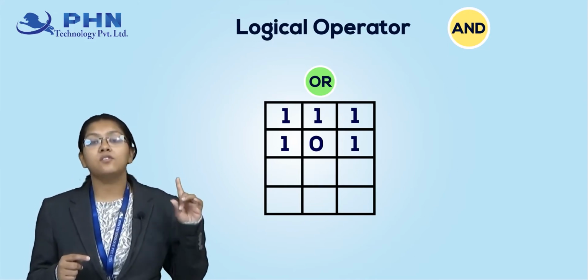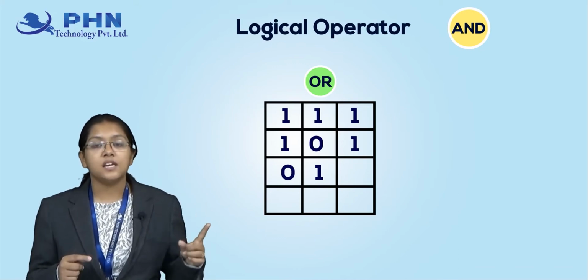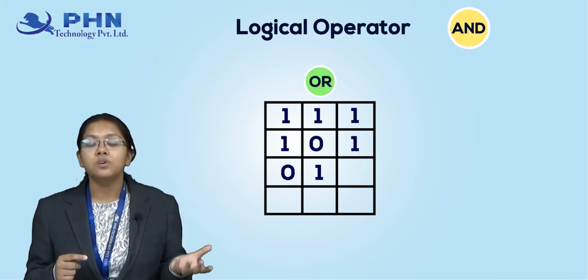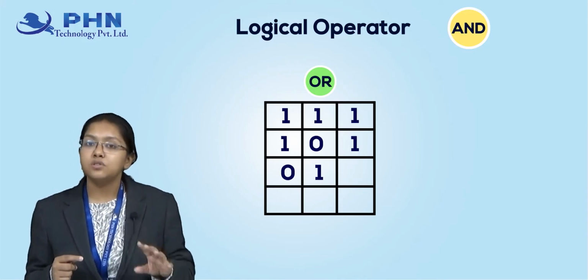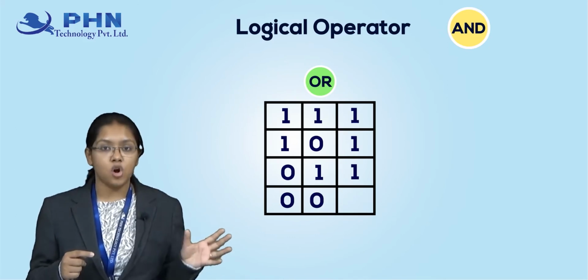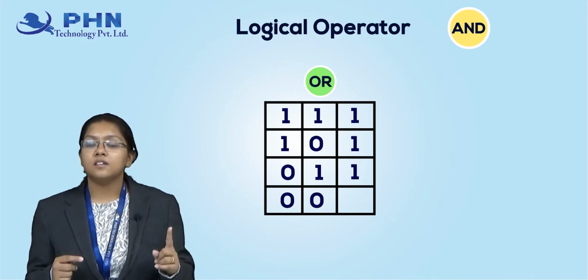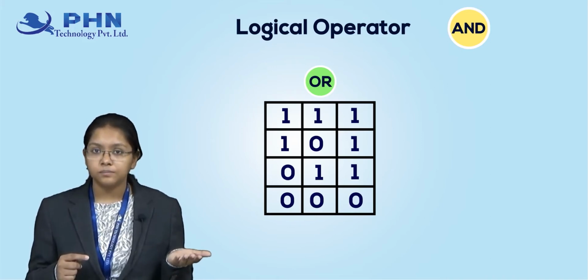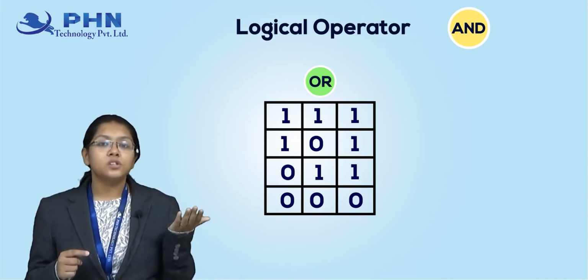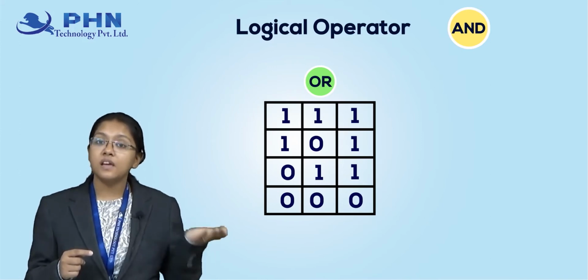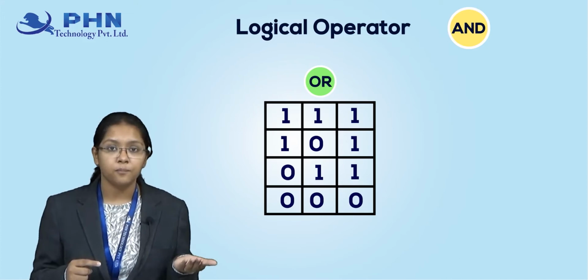If we have the first value as 0, that is false, and the second value as true, still we get the answer as true. And if you have both the values as false, then we have the answer as false. This is the truth table of your logical OR. So this is how your logical OR works.